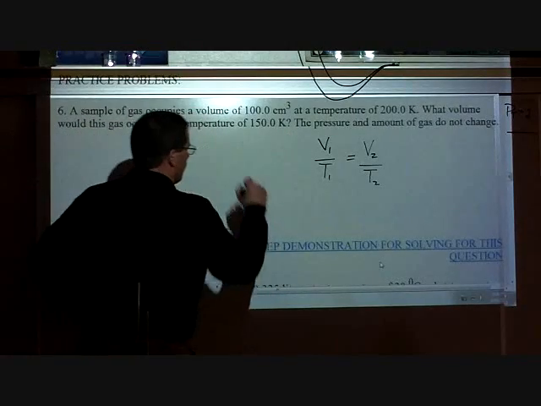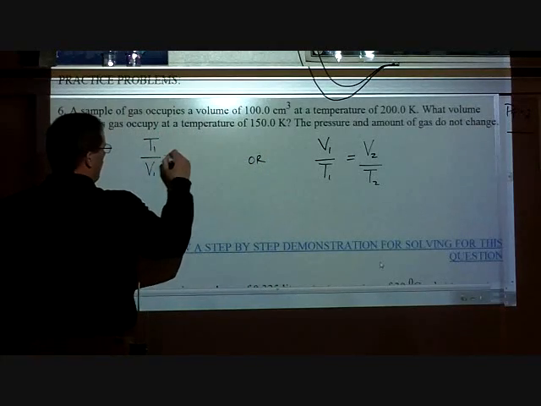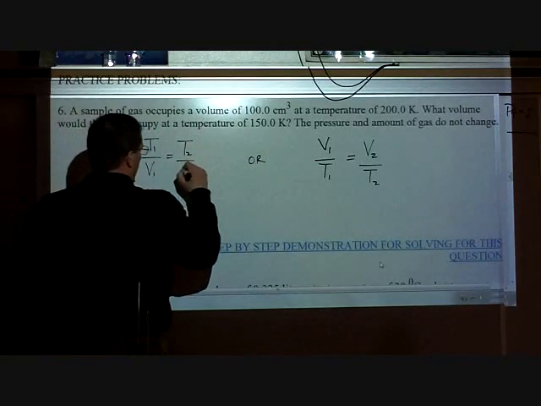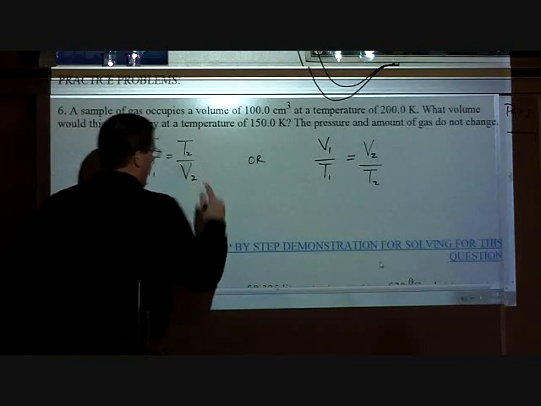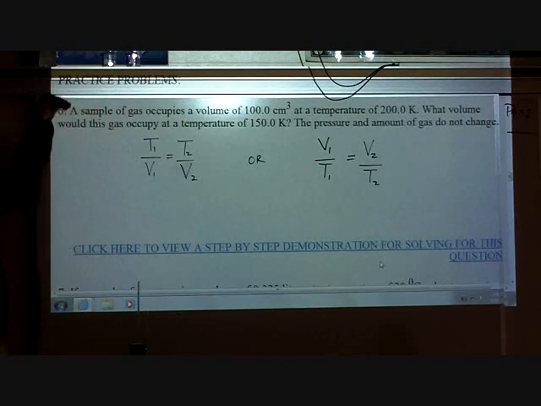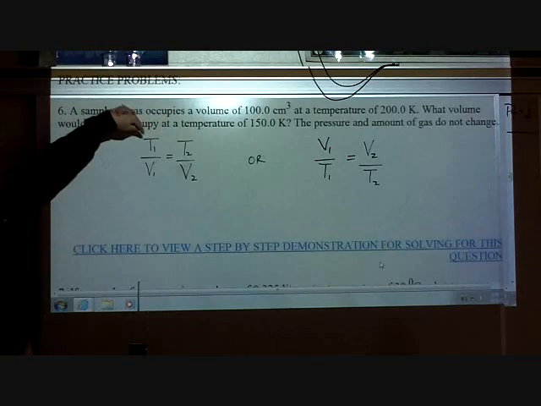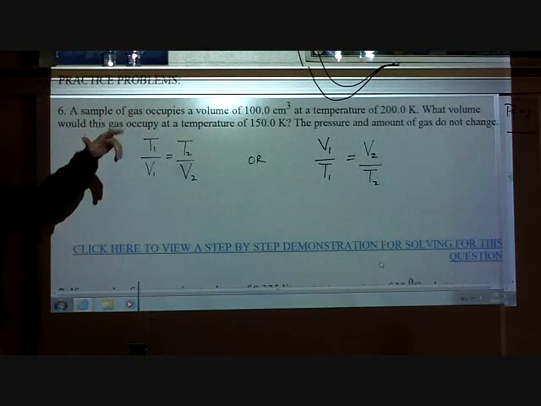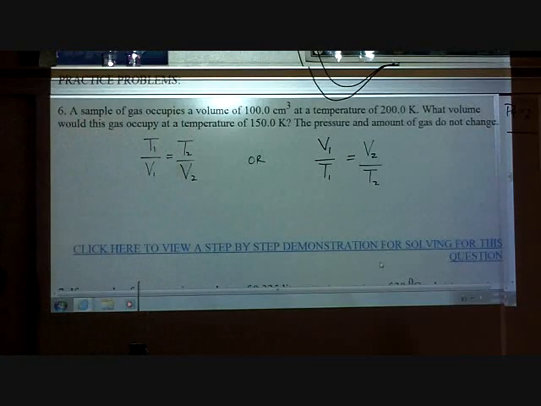We also could write this as T1 over V1, just depending on what variables we are looking for. Okay? So the equation can be written either way. Depending on what variable you're actually solving for, we want to make sure that that variable is on top, or in the numerator.